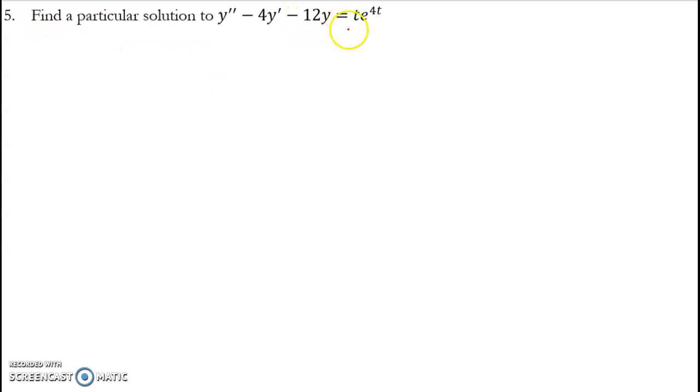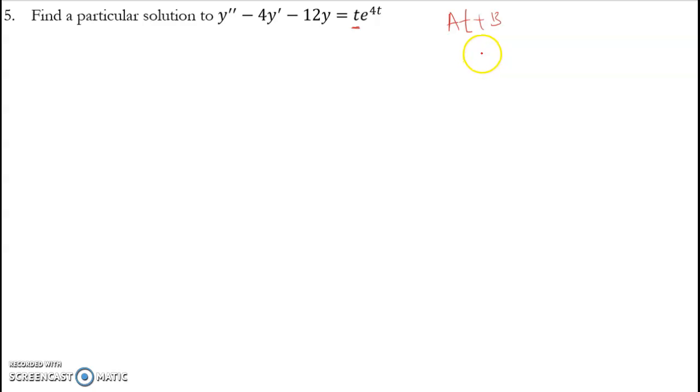If I'm looking at this t, the first part, from the previous problem, problem number 4, and also the first problem, I would guess that my particular solution will have a form of at plus b.